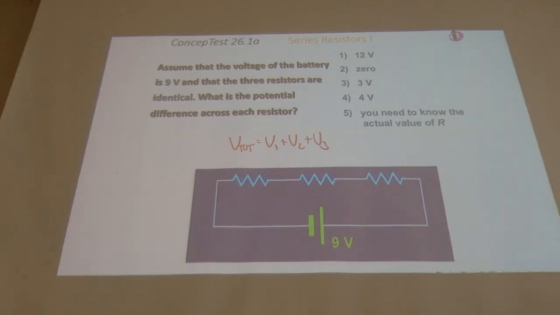What do you think? Yeah, they each have to be 3. I need 3 and 3 and 3 to give me a total of 9, okay? So we said that they may have a different voltage. They have a different voltage if they have a different resistance. Here they're all identical, so they all have the same voltage.